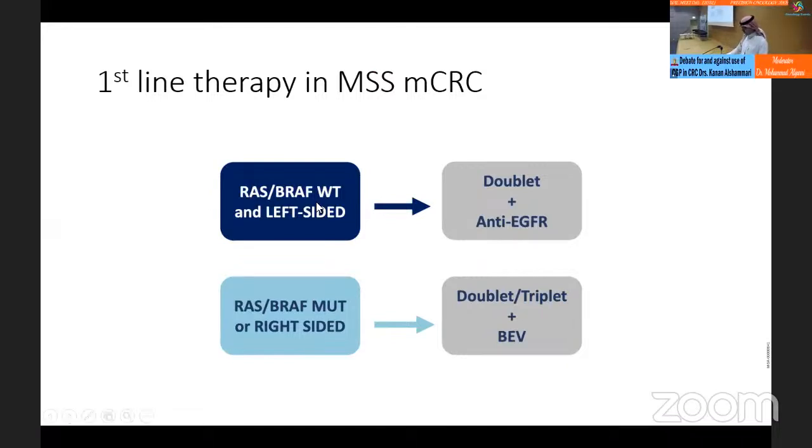If a patient has RAS and BRAF wild type and is left-sided, I think we have very convincing evidence that we should be giving them chemotherapy, whether doublet or single agent, and an anti-EGFR monoclonal antibody. If the patient is RAS or BRAF mutant, or if the patient is right-sided and wild type, we perhaps should be giving them Avastin rather than an EGFR monoclonal antibody.